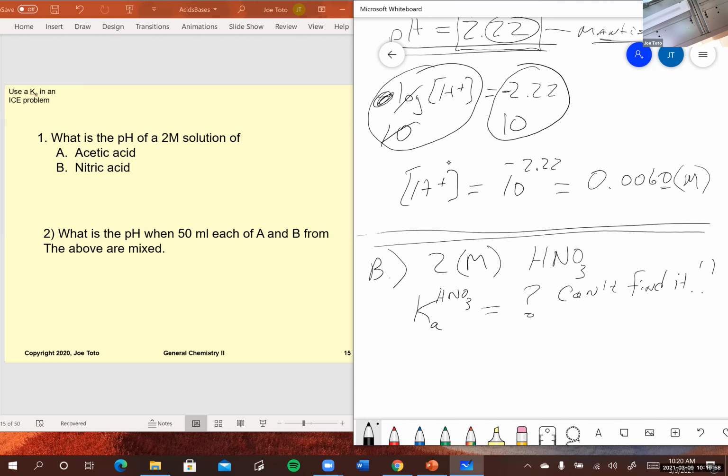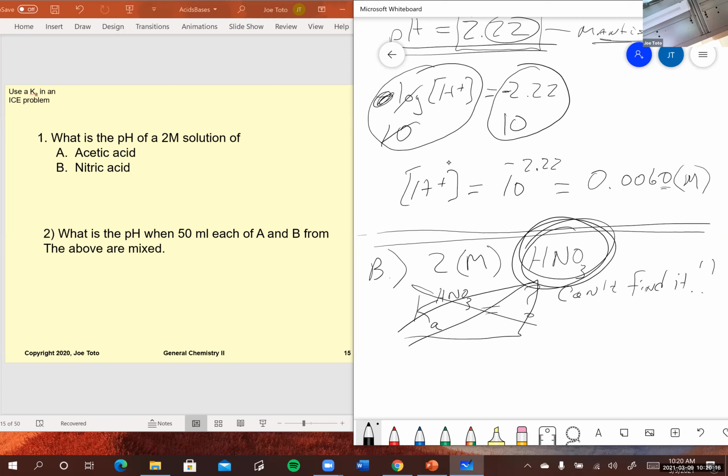I can't find it. Anybody know why? Is it a strong acid? Yeah, it's a strong acid. So it doesn't have a Ka.